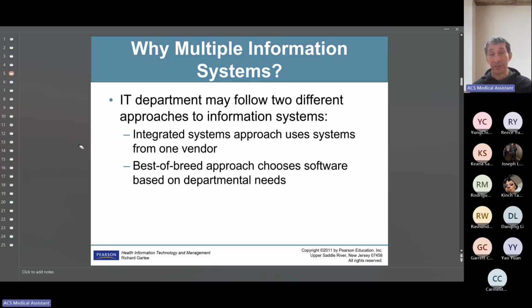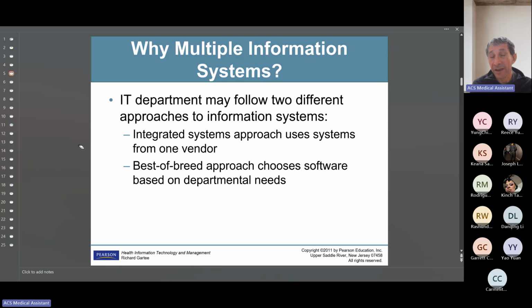Now, the vendors kind of merge and create one product. So I don't have to look for this particular vendor for this particular health information system. Now, it is a complete package.